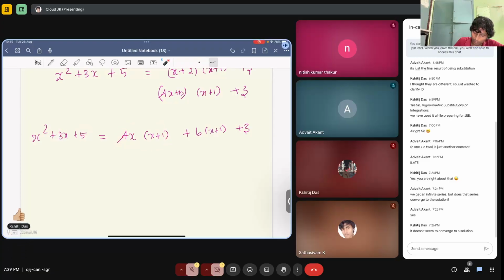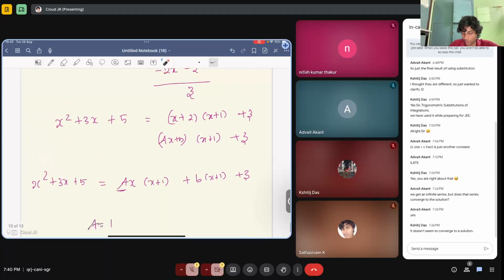Now you just subtract it here. You want x square here, that means my A has to be 1, right? So now my A is 1, and then you subtract it, and whenever you subtract it, it will become an equation in B, and then you can find the B.